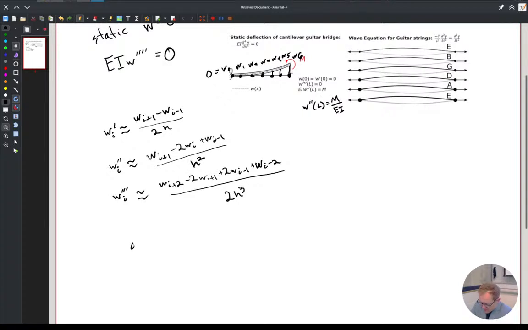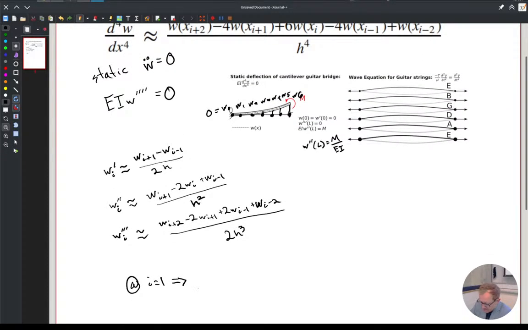So at i equals 1, that's the first W that I'm trying to solve for. I have W3 minus 4W2 plus 6W1 minus 4W0. That one I know is already 0, plus W of negative 1.